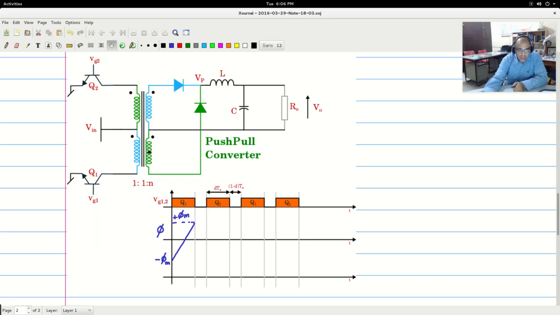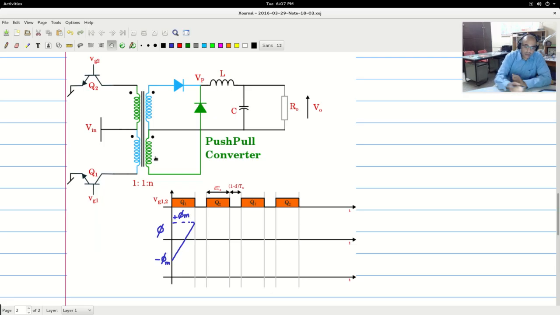So you see that in the secondary of the coil, there is an IL by 2 entering the non-dot end, and an IL by 2 entering the dot end. So N into IL by 2 is the MMF generated inside the core, and on one side it is in one direction, and due to the current flowing in the other coil in the other direction, they cancel each other out, and effectively there will not be any voltage here, the flux will not change. d phi by dt will be 0 because of the cancellation effect of the equal currents flowing in opposite magnetic senses.